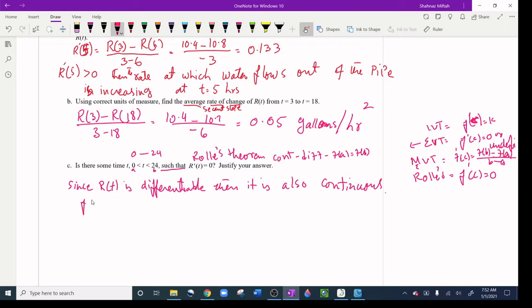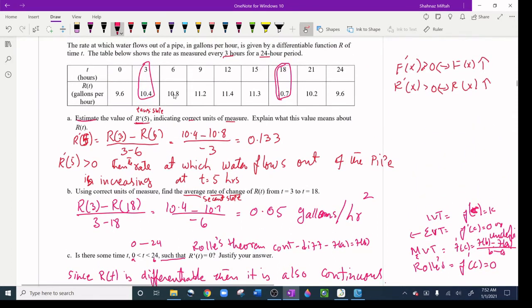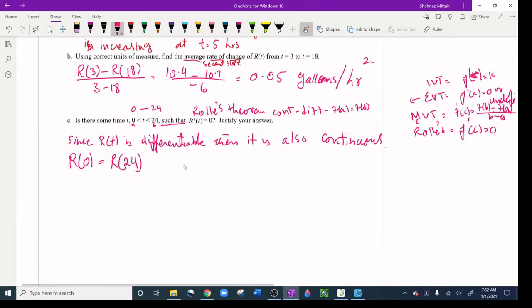I'm sorry, not f. It's supposed to be r because that's what the function is. So I'm looking for r of 0. Let's see if r of 0 is equal to r of 24. So let's go back to the table. r of 0 is 9.6 right there, and r of 24 is also 9.6. So that's good, both of them equal 9.6.